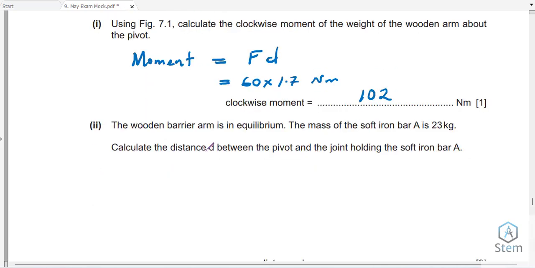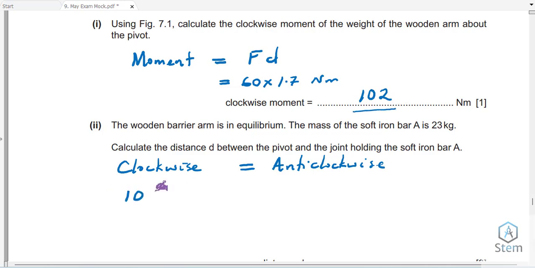So we will use clockwise moments equal to anti-clockwise. The clockwise moments we found there are 102.